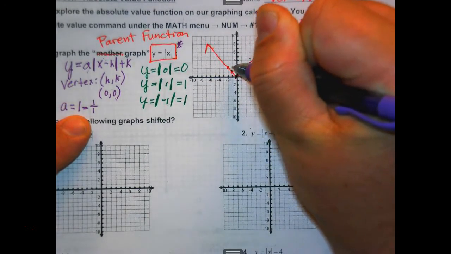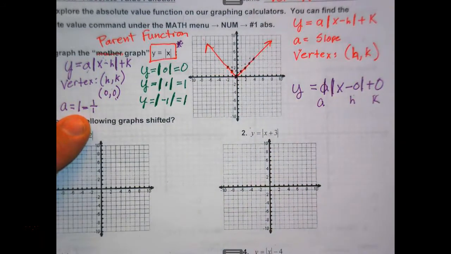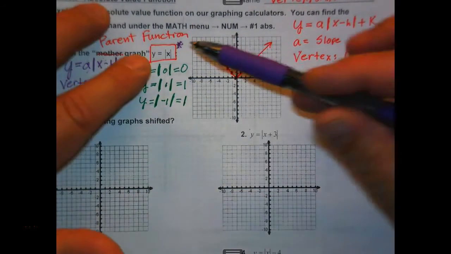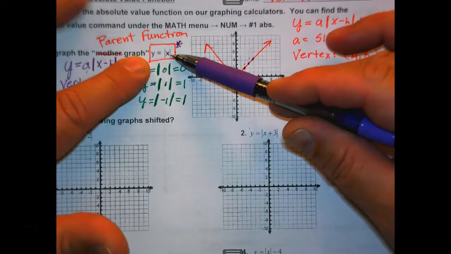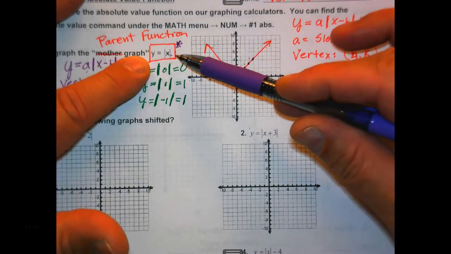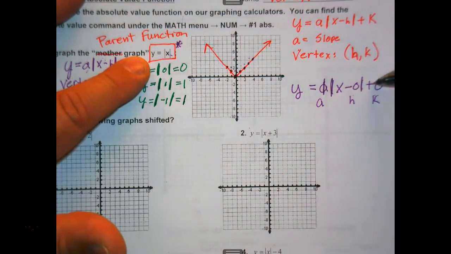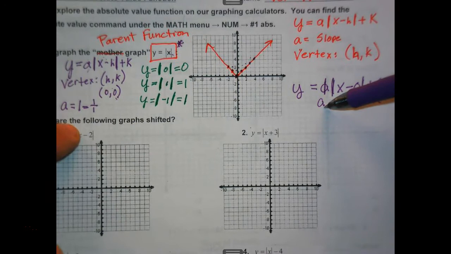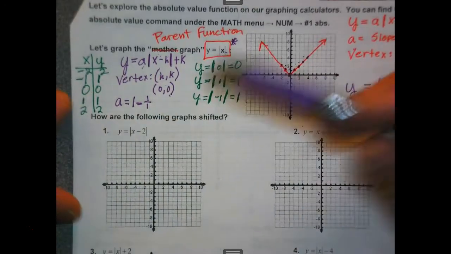Up 1 over 1, up 1 over 1, and so on. I get my graph. So if you can put this function in vertex form and pick off your h, k, and a, it's a lot easier to use slope to graph it, rather than your t-chart.